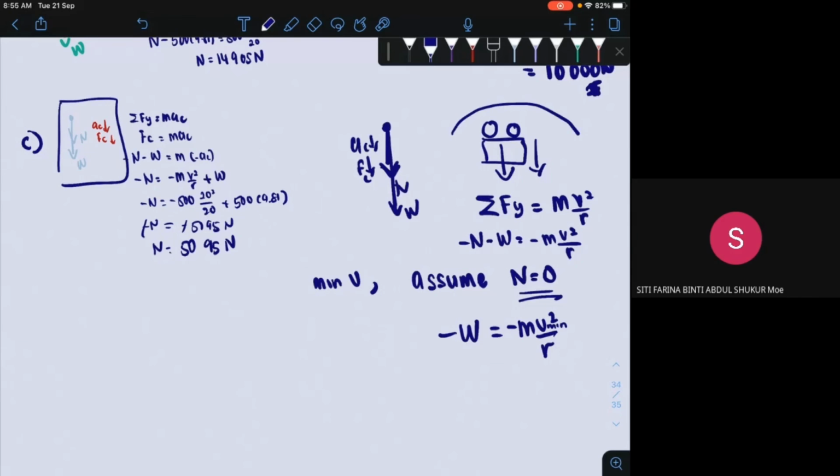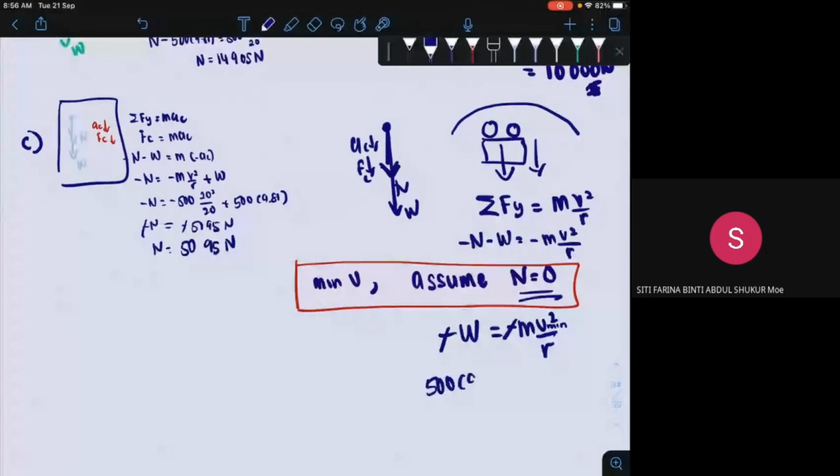Okay, ini adalah benda yang penting. Bila soalan cakap find the minimum speed untuk case loop the loop, kita akan assume N dia kosong. So syarat untuk minimum speed adalah kita assume N dia kosong. So negatif sini boleh cancel. W adalah mg, 9.81. Kita nak cari V yang baru, maksudnya V dia bukan 20 meter per second tadi. V minimum square bahagi dengan 20.